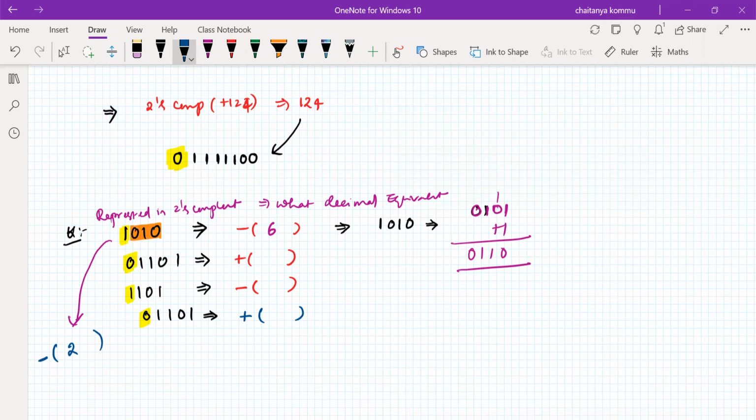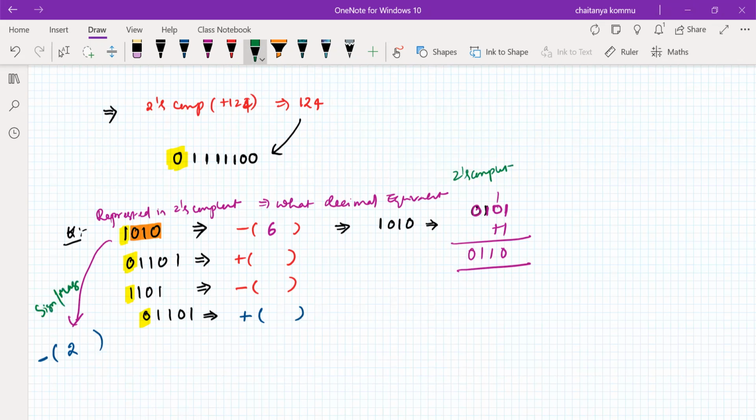In 2's complement representation, that value is -6. Are you agreed with me? Is this statement clear to you? What is the difference between the sign magnitude representation and the 2's complement representation? This is very important for you. So please remember, this is sign magnitude, and this is 2's complement representation.